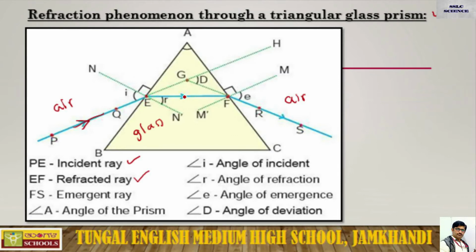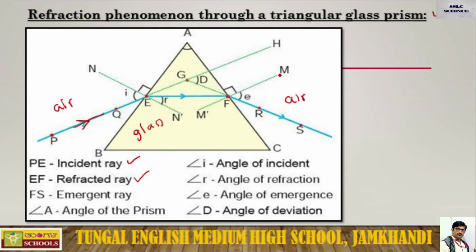EF is a refracted ray when you consider PE as an incident ray traveling from air to glass. Now this EF is taken as the incident ray inside this glass prism. So EF is taken as the incident ray here, and again you try to draw the normal to that.